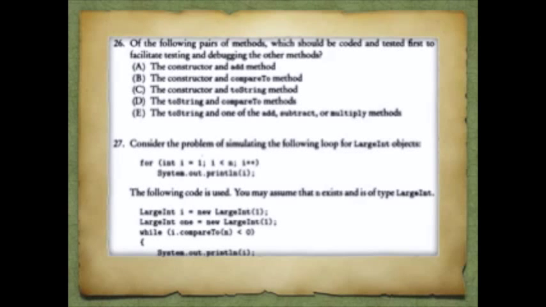Okay, question 26 is about which of the following pairs of methods should be coded and tested first, to facilitate testing and debugging the other methods. There are 5 methods: the constructor and the 5 choices. The first choice is about the constructor and the add method.